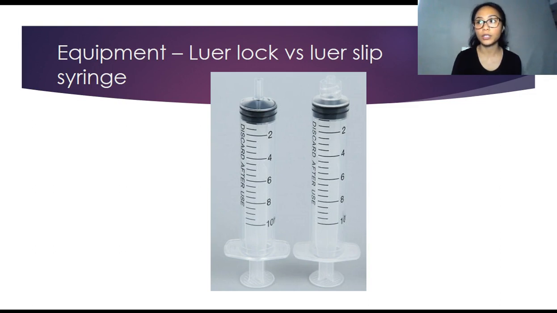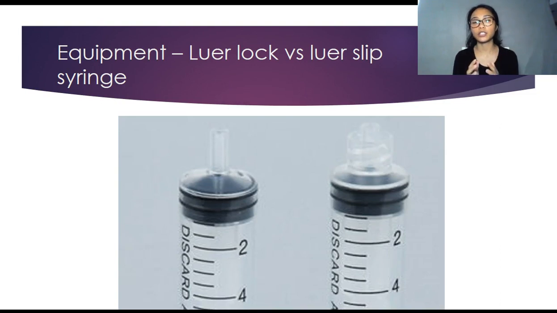At the very top, you can sort of see this spiral where it shows you that you're going to have to turn clockwise or to the right in order to connect the needle to the syringe. And in order to disconnect, you would have to turn left or anti-clockwise. With luer slip, there is no screw mechanism there. It's just push gently to connect a needle to this syringe and pull off gently to disconnect.